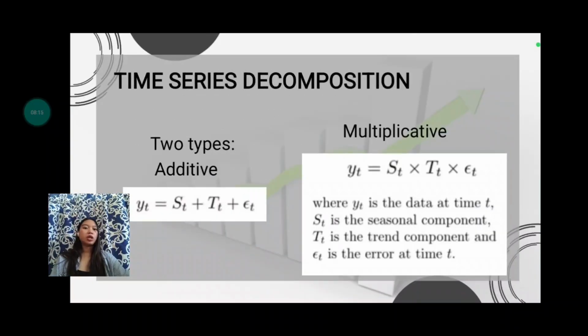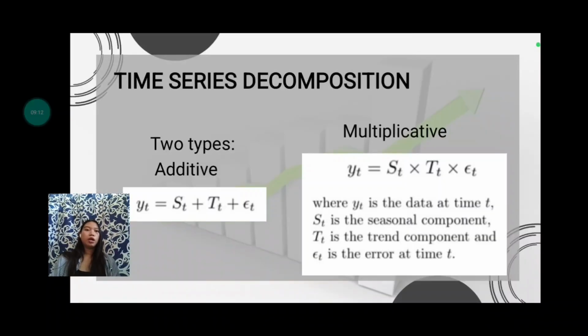So time series decomposition. There are two types of decomposition. We have the additive and multiplicative. The additive model is used when changes are constant over time, as you can see there in the plus formula.